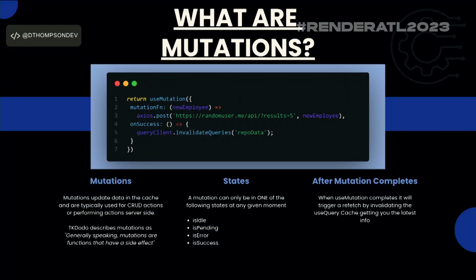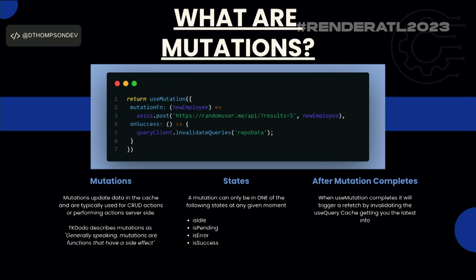TkDodo, who's one of the main maintainers for React Query, or TanStack Query, described mutations, and this was a direct quote from him, as: generally speaking, mutations are functions that have a side effect. A mutation can only be in one of the following states at any given time, versus multiple: idle, pending, which came out in version 5, error, or success.